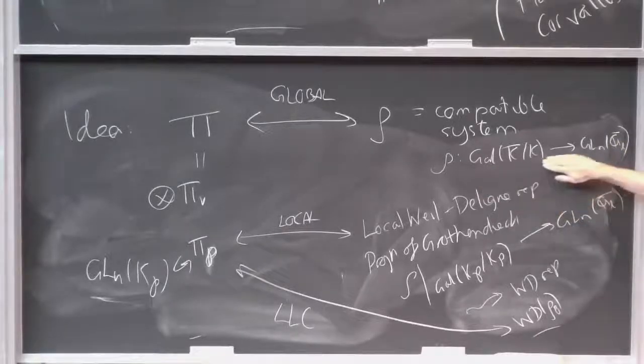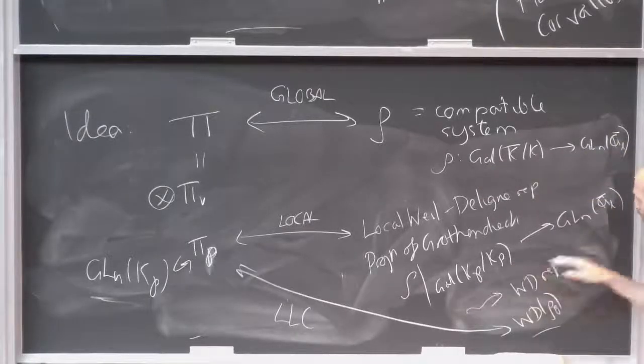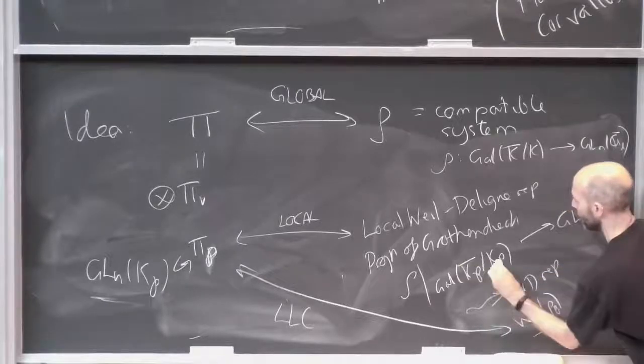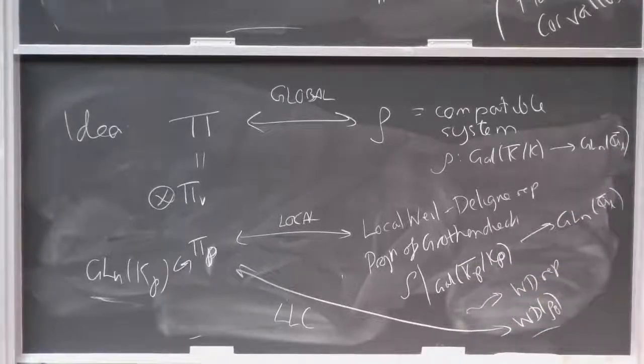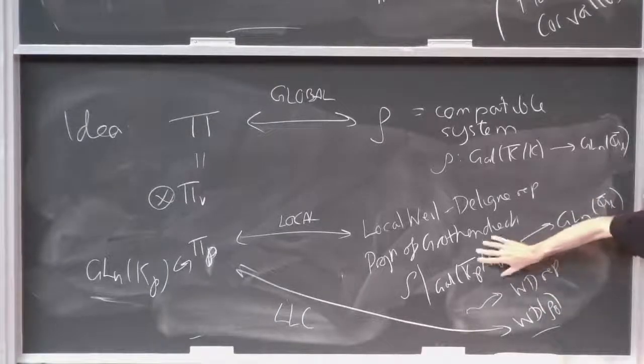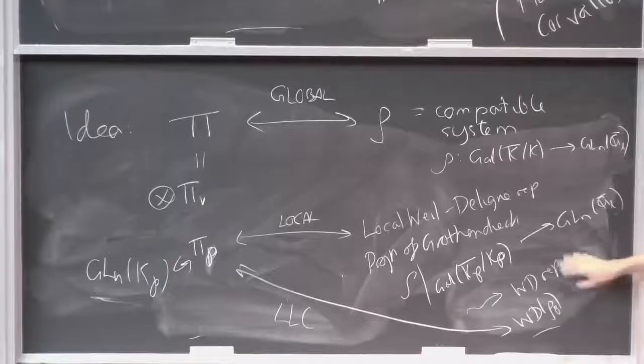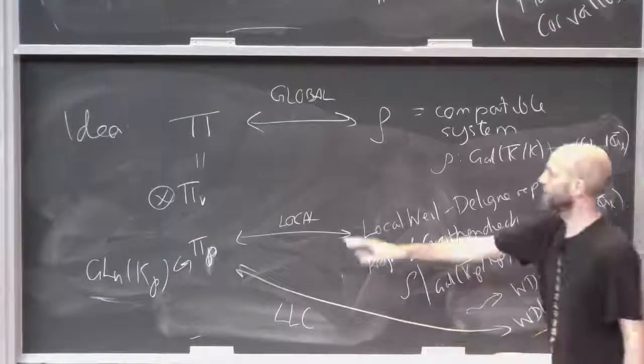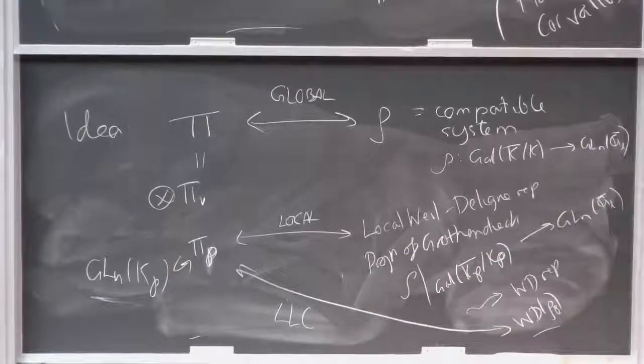And my global rho, I can restrict it to a local, Gal(kp bar over kp). The same p, but a random L, L not p. And by Grothendieck, given an L-adic representation of this, I get a Weil-Deligne representation. And that's the thing that's supposed to correspond. So that's how the global Langlands correspondence is supposed to mix with the local Langlands correspondence.